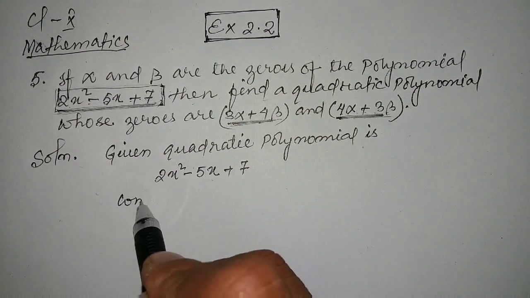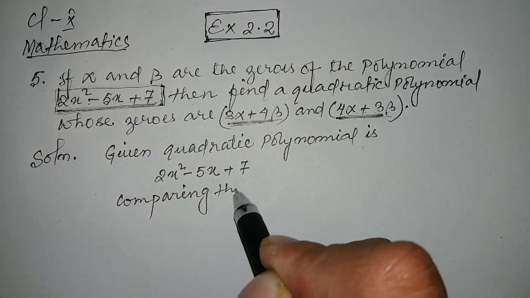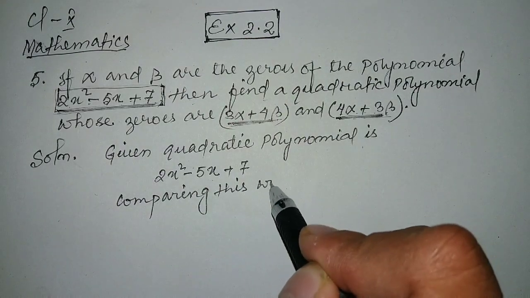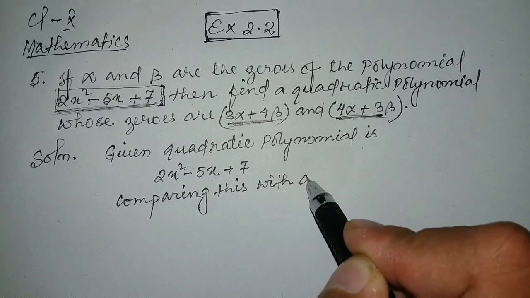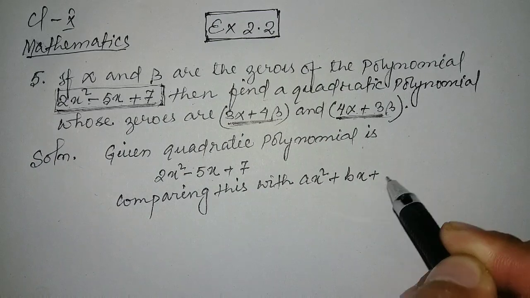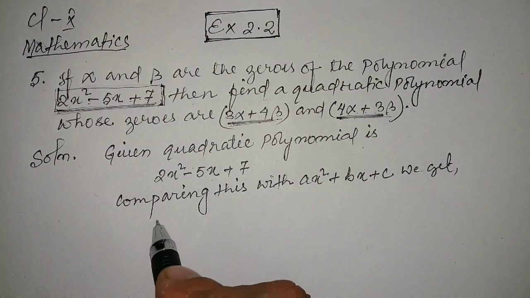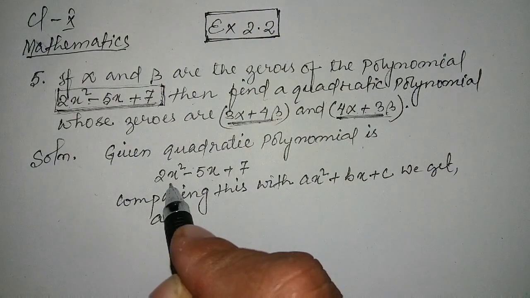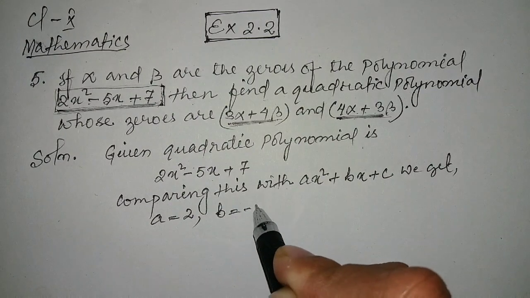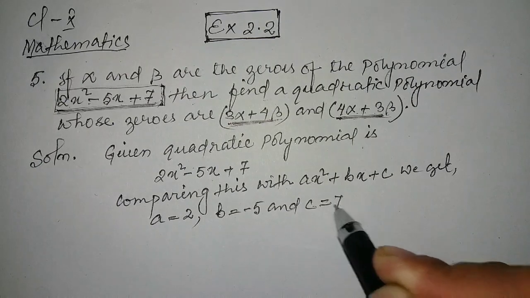Now if we compare this polynomial with the standard form ax squared plus bx plus c, we get a is equal to 2, b is equal to minus 5, and c is equal to 7.